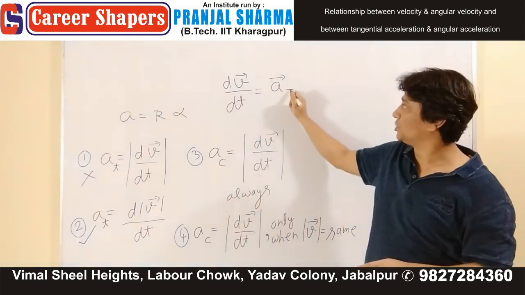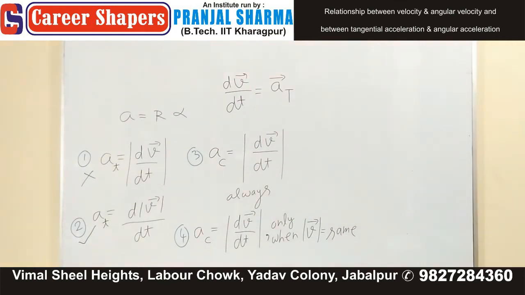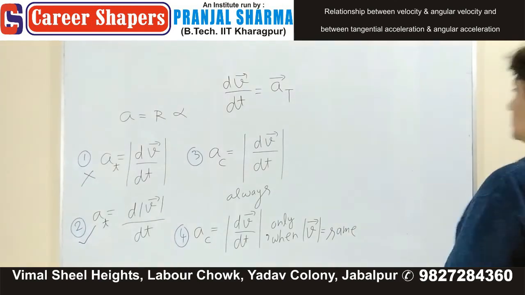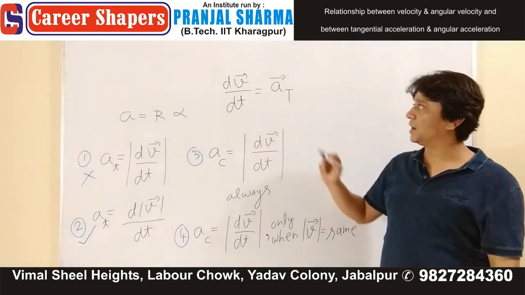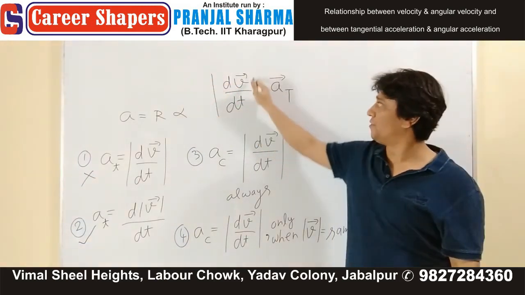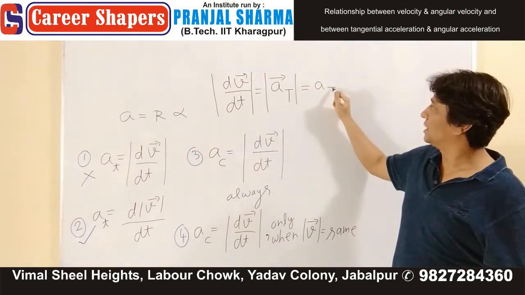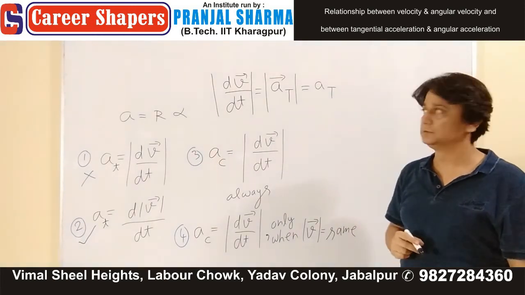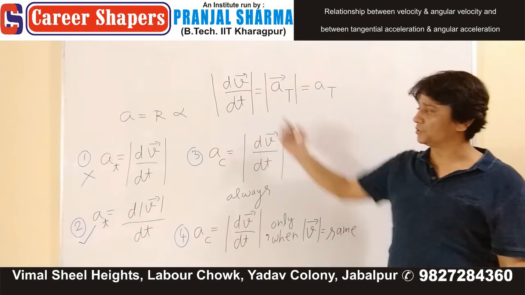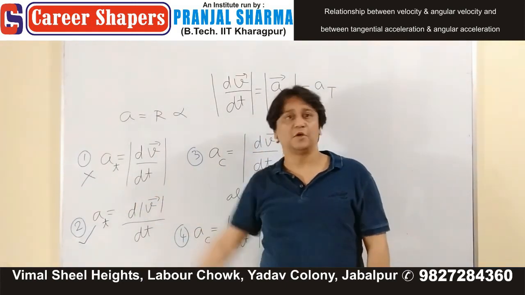This is giving you a capital T. So since this is giving you a capital T, if someone takes its mod, what will they get? A capital T. You will get total acceleration. And therefore it's not correct.